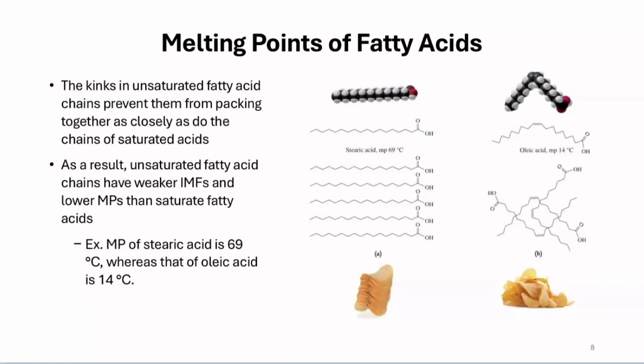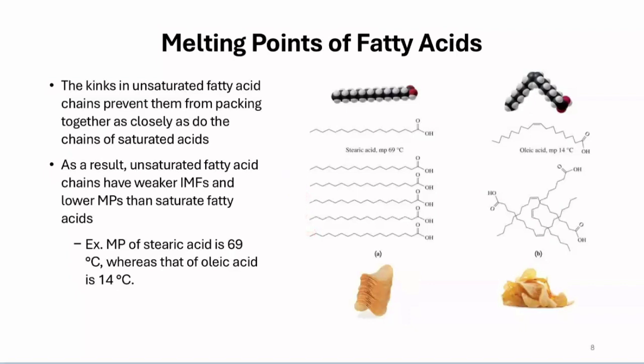If we want to use an analogy to understand the stackability of fatty acids, we can visualize that saturated fatty acids are able to be stacked like Pringles potato chips because of their shape, because of the bonds present in stearic acid. We can pack these molecules one on top of each other.